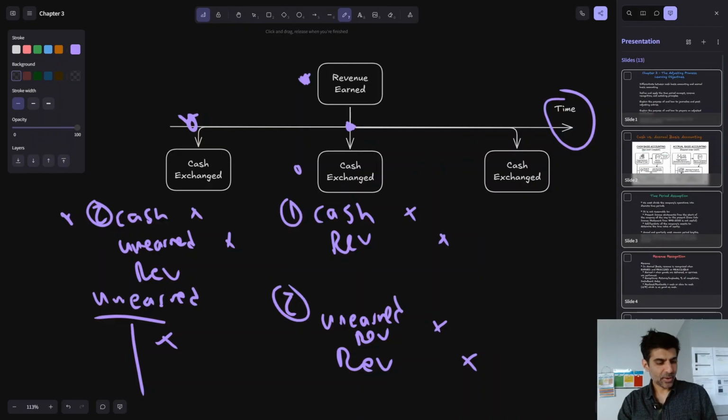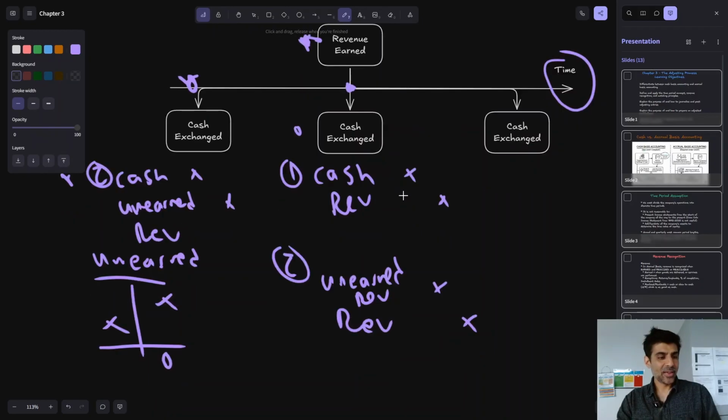Here, we're gonna debit it, and now it's zero. We no longer owe that person that good or service, because we performed that good or service. That's what happened when we earned this revenue. Does that make sense? Okay. So again, this is scenario two where we got the cash before we earned the revenue.